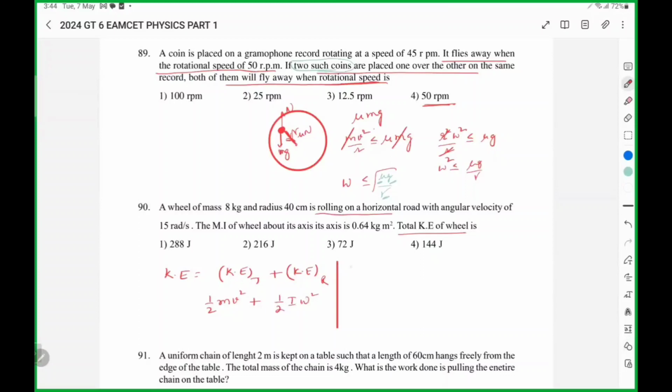Here half mass is 8, v is r squared omega squared, I is the moment of inertia 0.64, and omega is 15 radian per second, 15 squared. The radius is 40 by 100, which is 2 by 5, r squared is 4 by 25, omega squared is 15 squared.